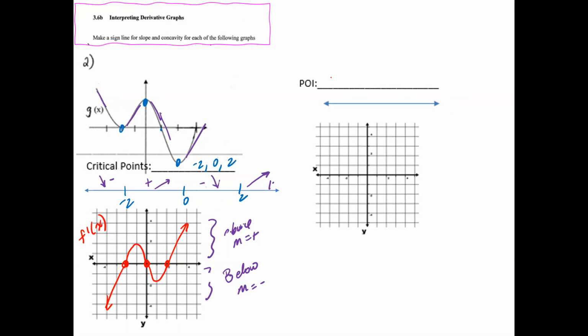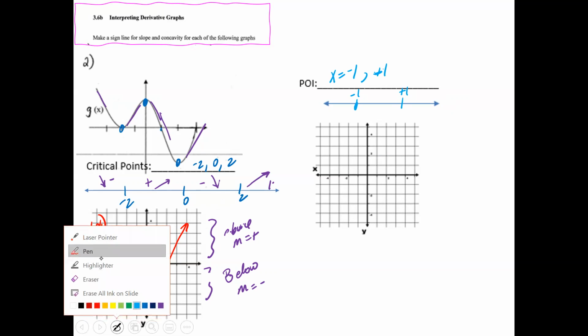Take a look at your point of inflection. For your point of inflection, you have 2 points here. And remember, you're looking at the max and min of the first derivative, and it is at x equals -1 and x equals +1. So here is my -1, and here is my +1.